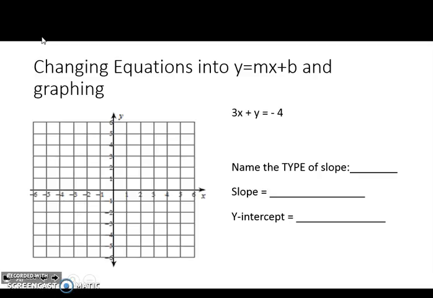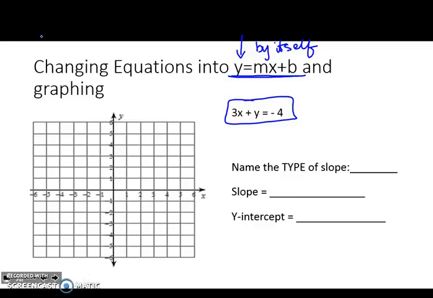Alright, so as you can see, this equation is not written in y equals mx plus b form. For it to be written in y equals mx plus b form, the y has to be by itself. If it's not by itself on one side of the equation, then it is not in slope-intercept form.